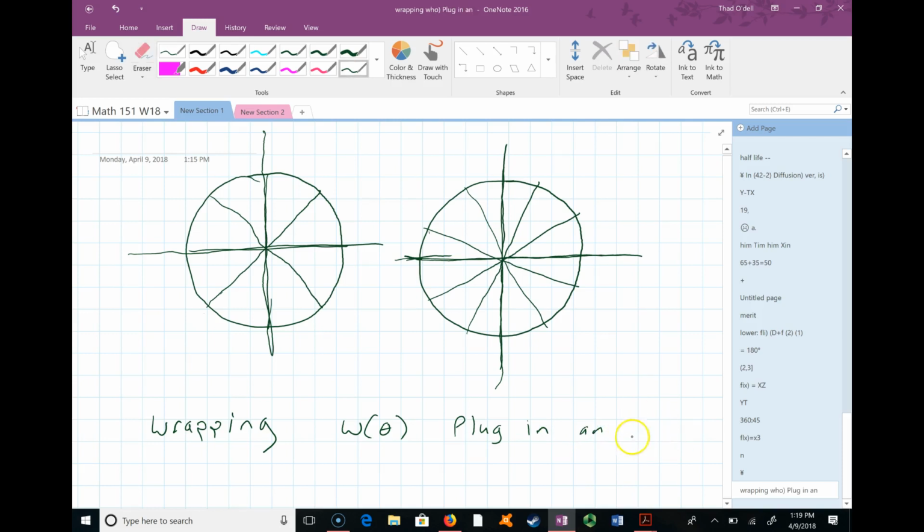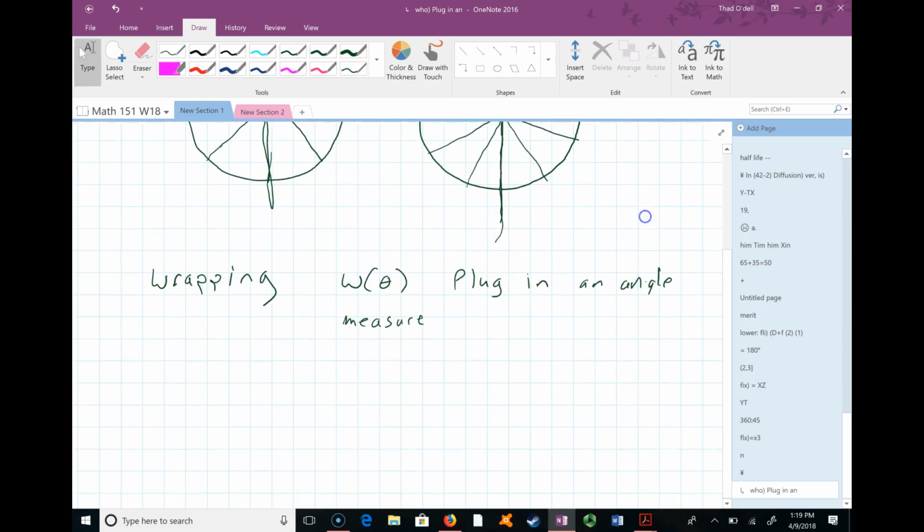You can measure that in radians or degrees. Both work. And that's the input.